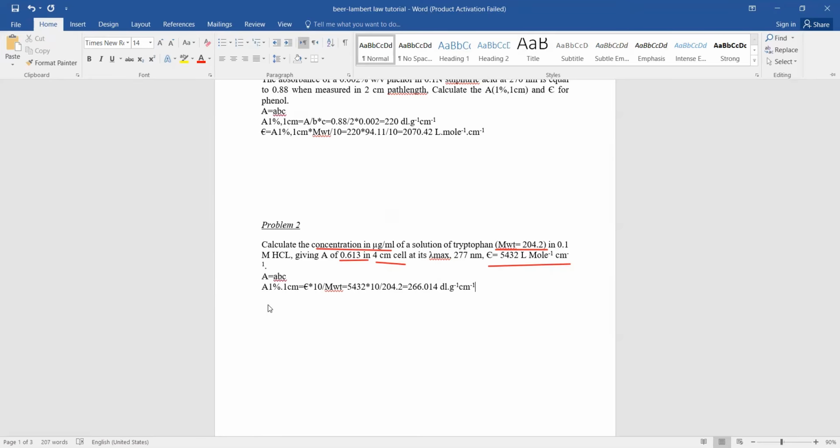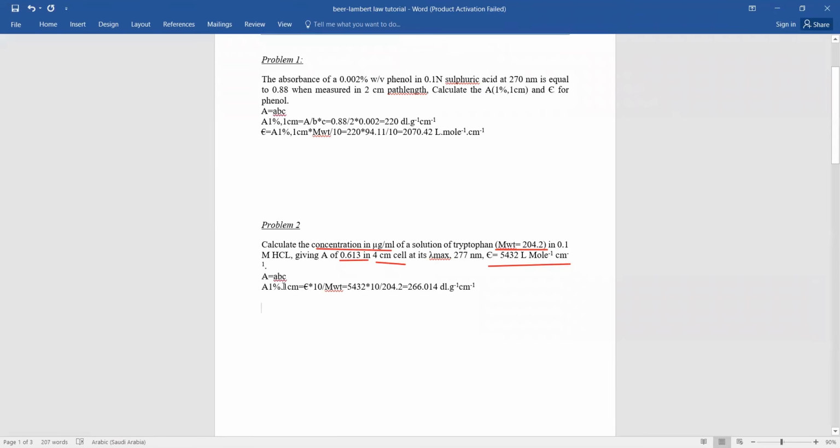After that, we will substitute in the Beers-Lambert law. The absorbance equals 0.613 equals the absorptivity in A1% 1 centimeter. Okay, we got it from the previous step, 266.014 times the path length, which is the B, 4 centimeters. Okay, times the concentration, which is unknown.